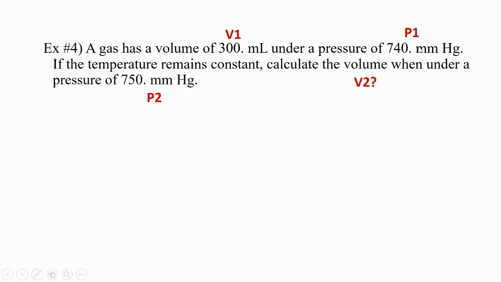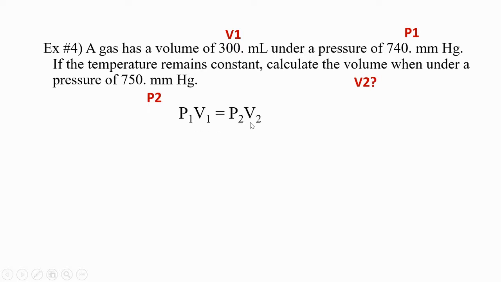Millimeters of mercury is a unit of pressure, and we see it again here. In the beginning, I have 300 ml of gas at a pressure of 740. Pressure changes to 750. What will the new volume be? I've labeled my V1, P1, P2, V2, and I need to plug those into my equation.